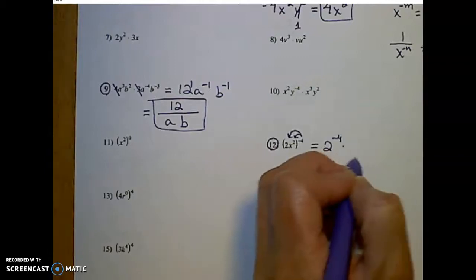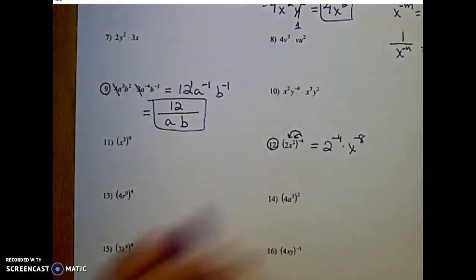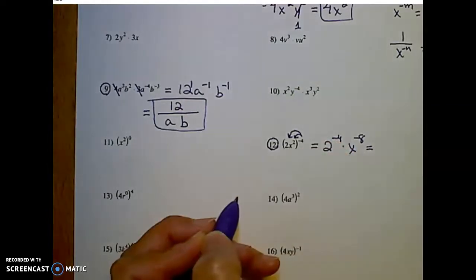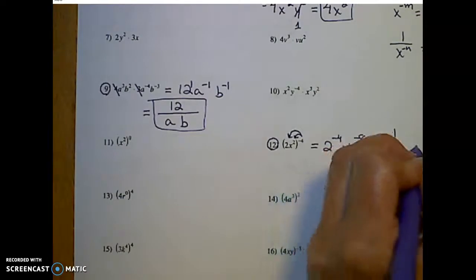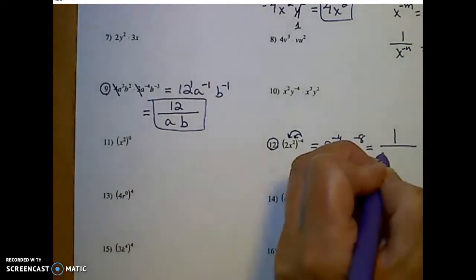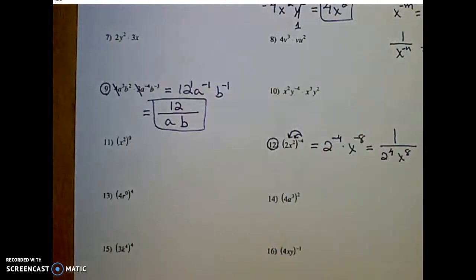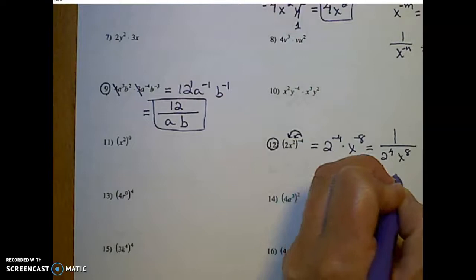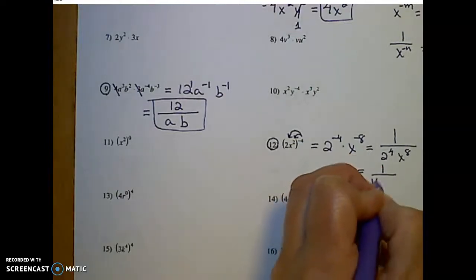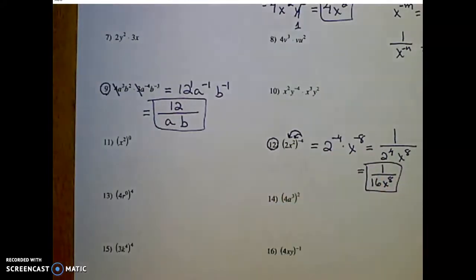Multiply those exponents, gives me x to the negative 8. Now those are negative exponents, so they're both going to move down. 1 over 2 to the fourth, x to the positive 8, which is 1 over 2 to the fourth, which is 16, x to the 8th.